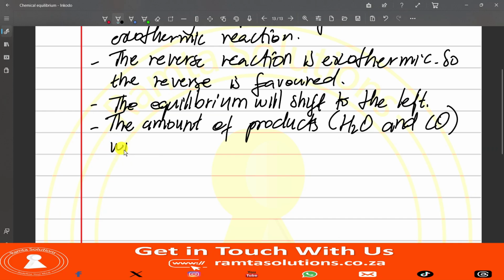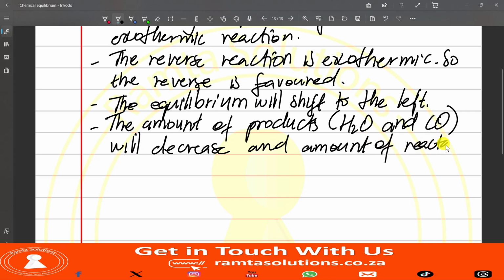Will decrease, and the amount of reactants, what are they? They were carbon dioxide and, was it hydrogen? Carbon dioxide and hydrogen. Right, yes.